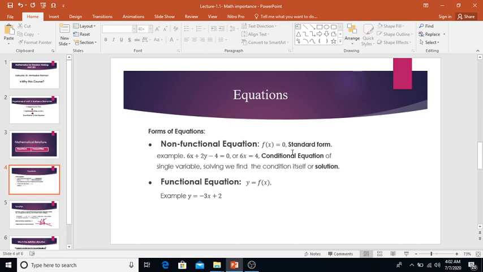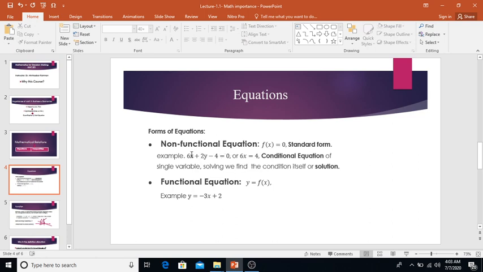That is f of x equal to 0. Like this equation, we will say this is standard equation. For example, 6x plus 2y minus 4 equal to 0.